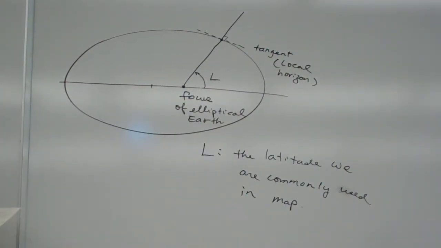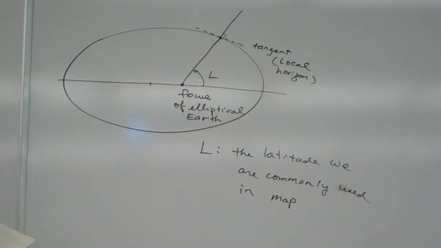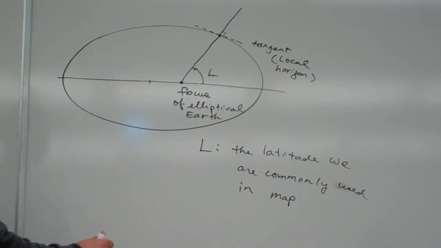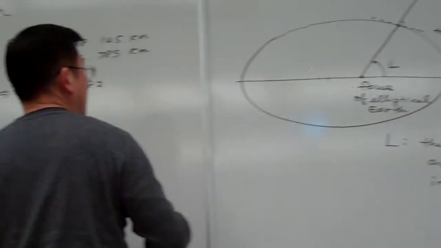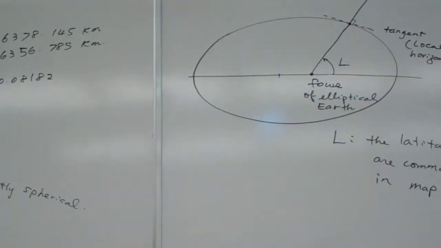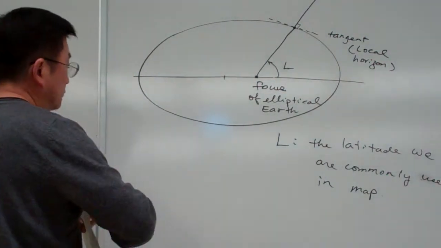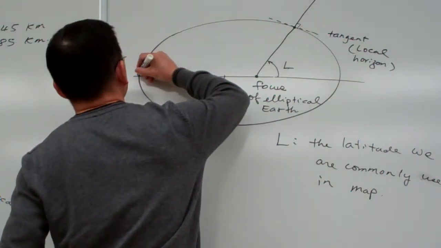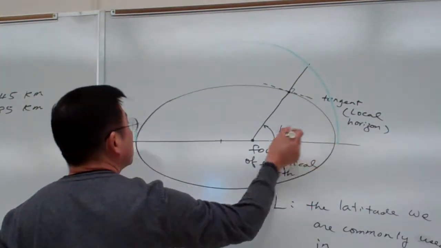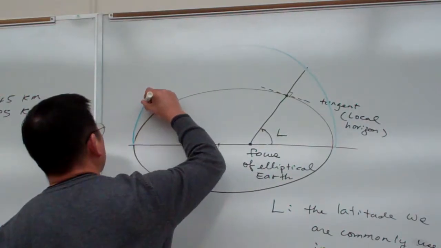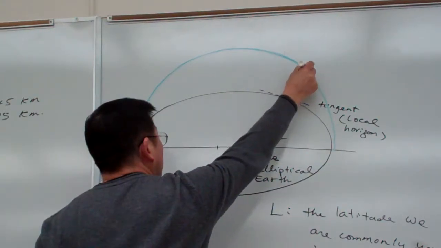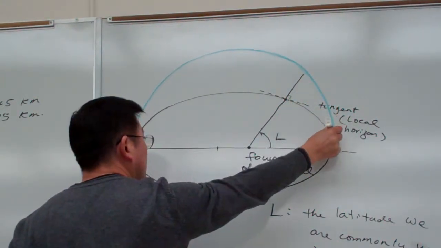And so under these situations, here I want to make certain corrections. For example, here corresponding to a sphere, so this is the corresponding spherical shape, taking AE as the radius.